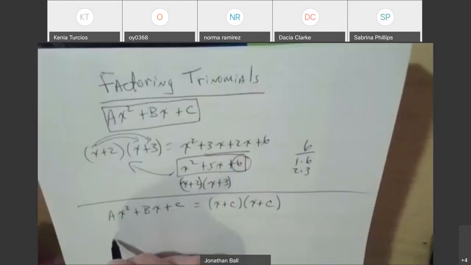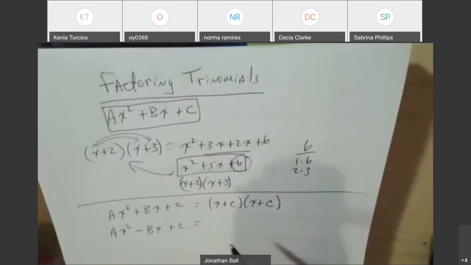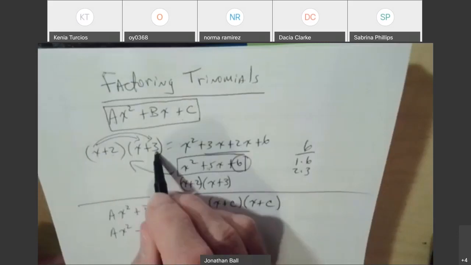Now, if you have ax squared minus bx plus c, remember the last thing we do when we do the distributive property, before we combine like terms, is we multiply the 2 times the 3. Positive 2 times positive 3.